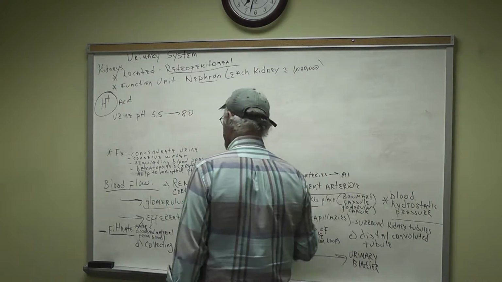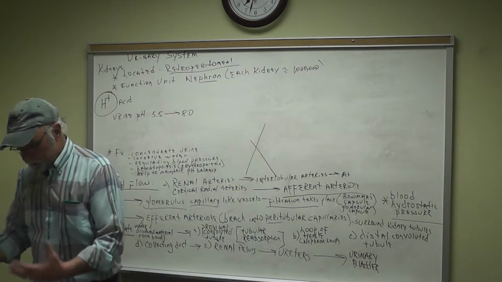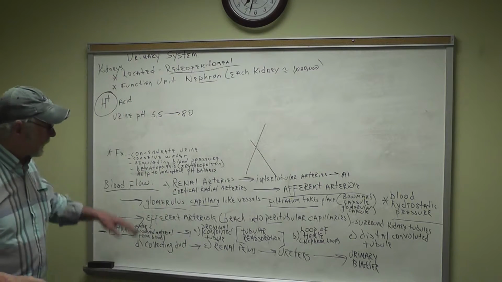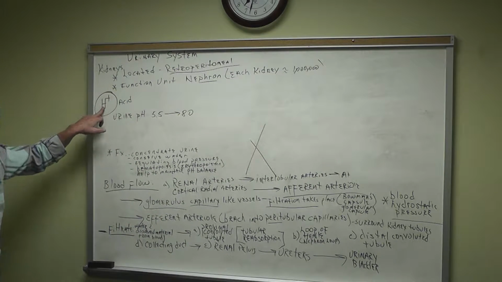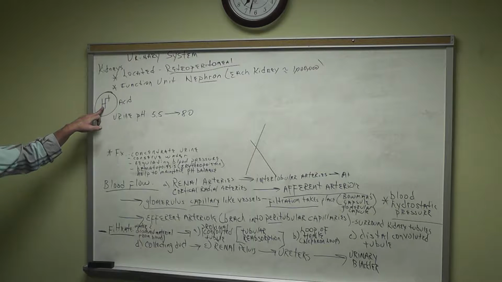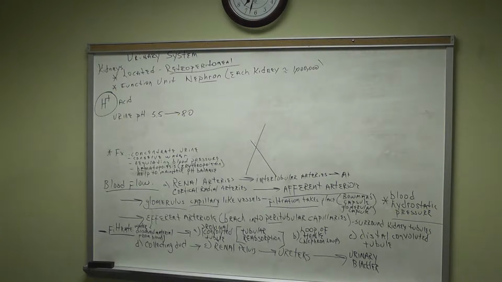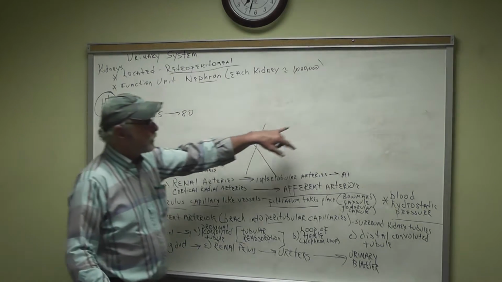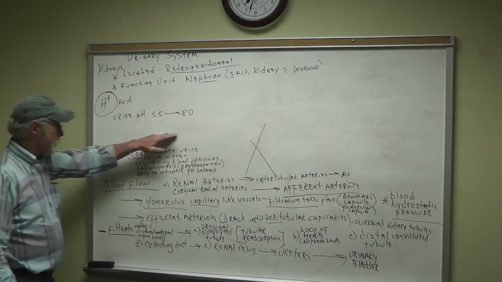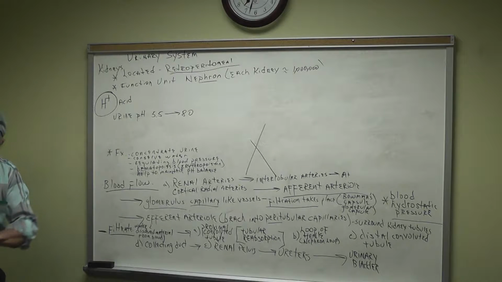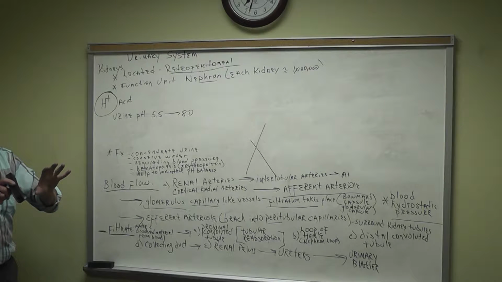All right, if our blood starts to become acidic, one of the things that can happen is the kidneys can excrete more hydrogen ions to bring the blood pH back up to normal. If the blood becomes too alkaline, too basic, then during the process of tubular reabsorption, it can reabsorb more hydrogen ions to sort of balance out the blood pH.